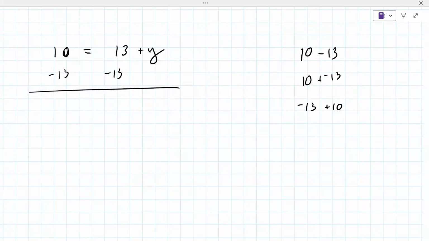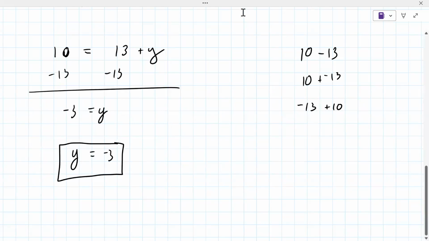It just depends how you want to see it. This is why we spent so much time working on this. You have to decide what you want to see it as. The final answer is -3. -3 equals y, but here's how you want to say your answer: y equals -3.